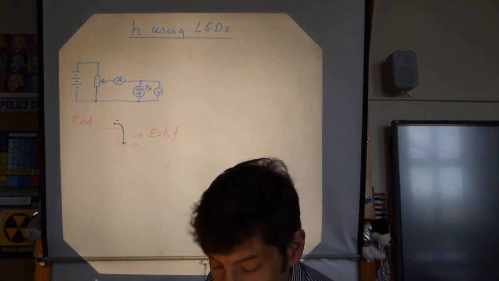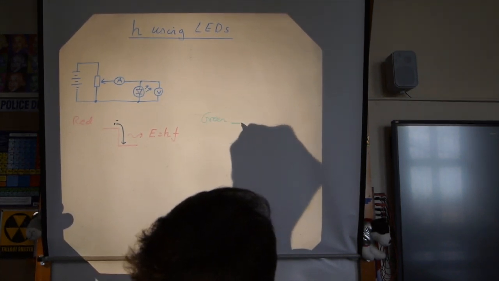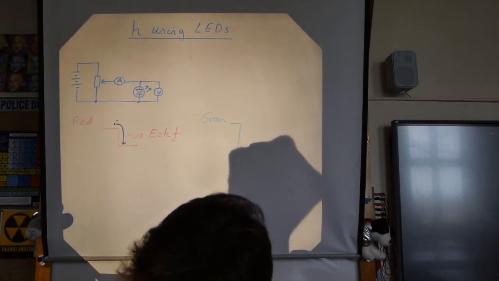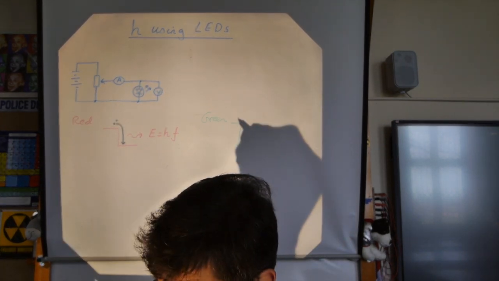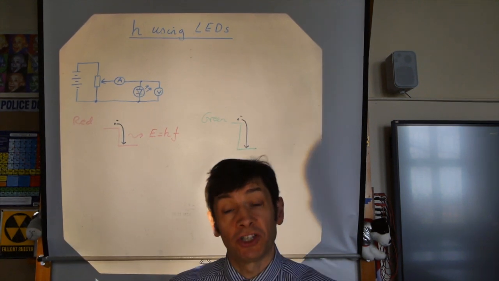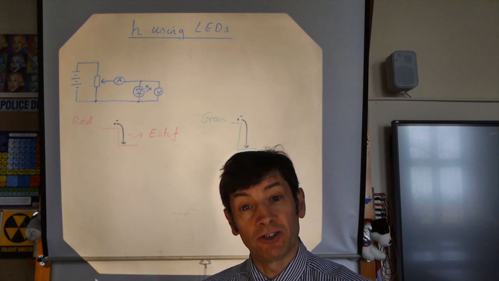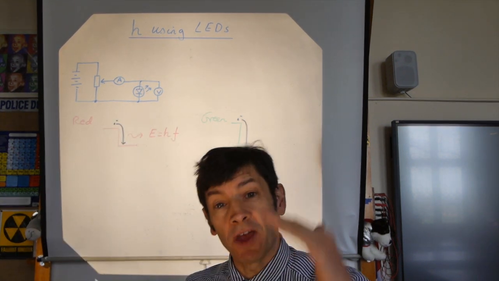So a green LED: same process, but a slightly bigger gap for the electron to fall down. So if you haven't turned the voltage up a tiny bit more, the electrons won't have enough energy, enough joules per coulomb, to do this, so they won't fall.